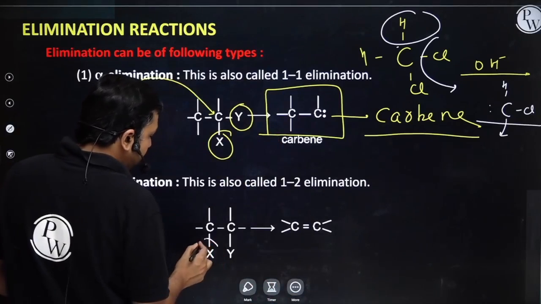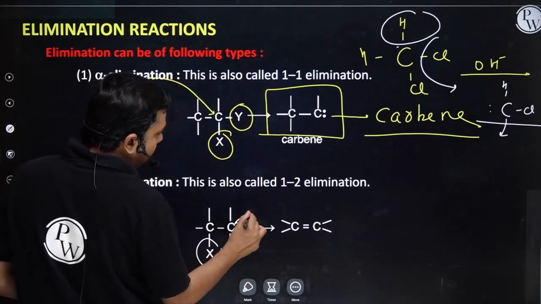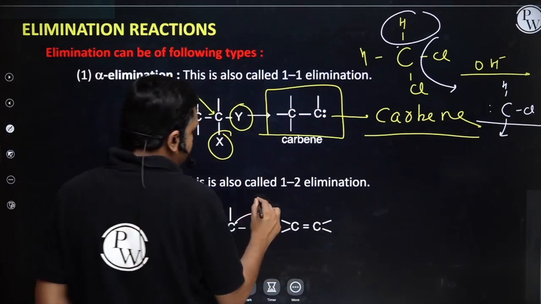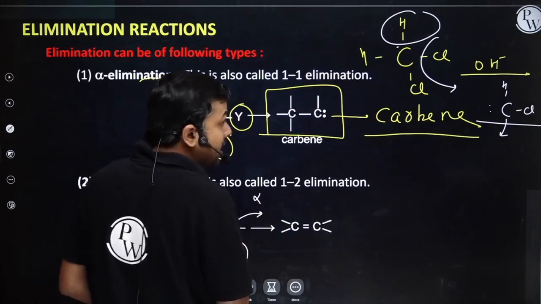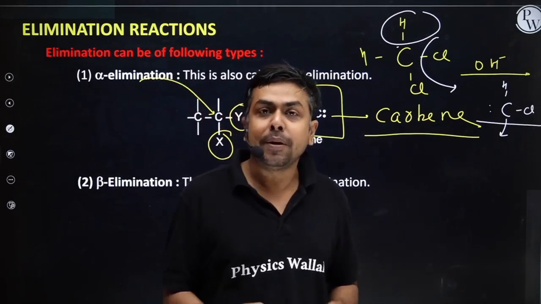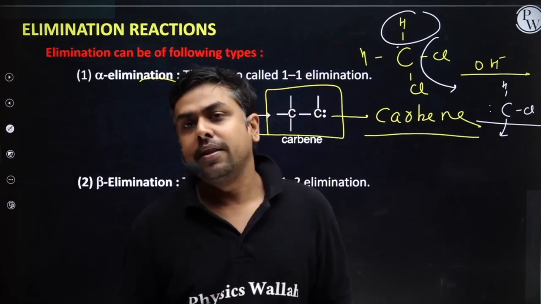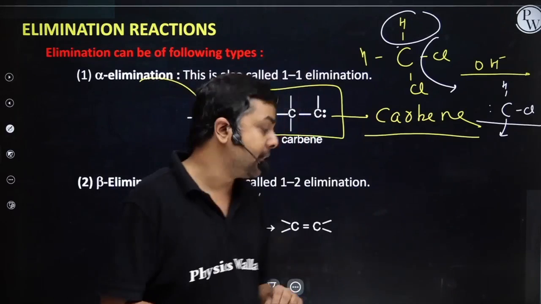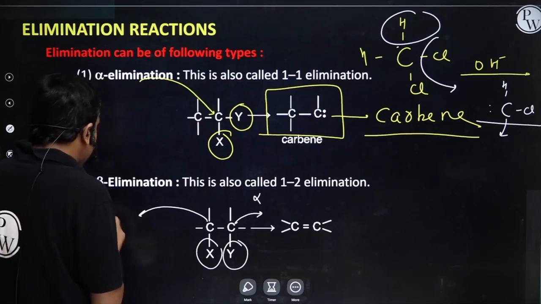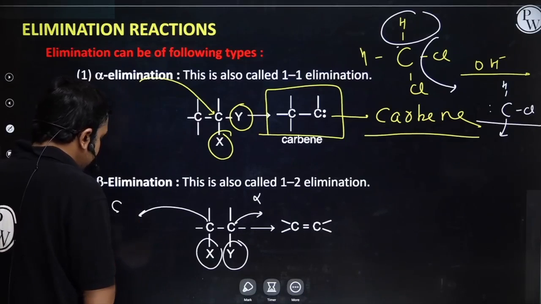Let's suppose this is my reference carbon, so it's my alpha carbon. This is the leaving group. Carbon containing leaving group is referred to as alpha carbon. The neighboring carbon of alpha carbon is referred to as beta carbon. So it is going to be my beta carbon.